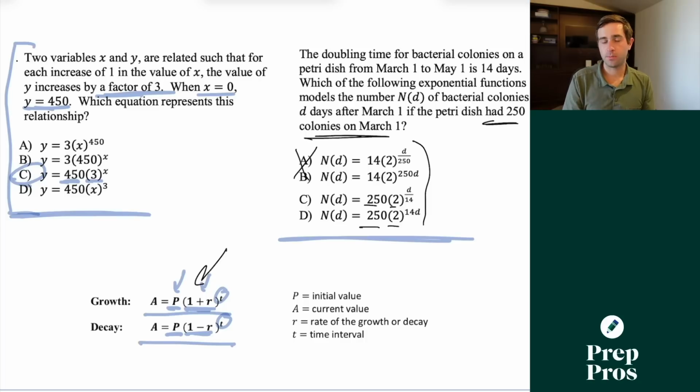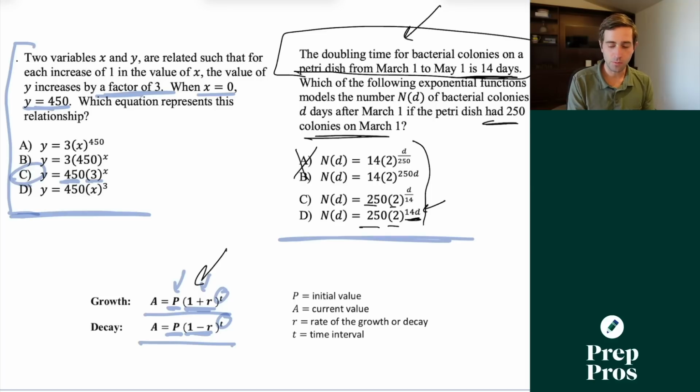Now the part that trips most students up is the doubling time is 14 days, and that often leads them to pick this wrong answer of d. But the really simple way that you can think about these questions and get them right is you can check if this statement is true. We know it's going to double every 14 days. So if you plug d in, we need to be doubling the initial value, which was 250.